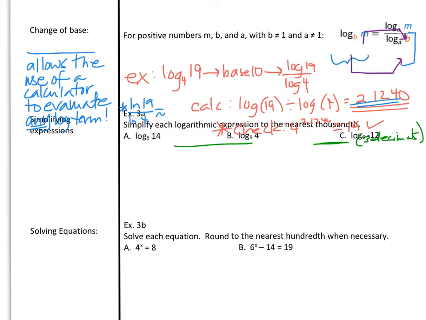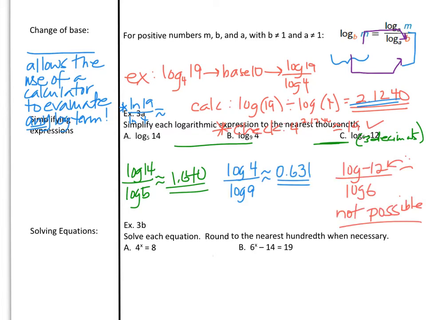If we apply our change of base rule to convert to base 10, that would give us log of 14 divided by log of 5. Enter that into your calculator, and to the nearest thousandth, you should get approximately 1.640. Try the other two, B and C, and then press play, and we'll see if we get a match.